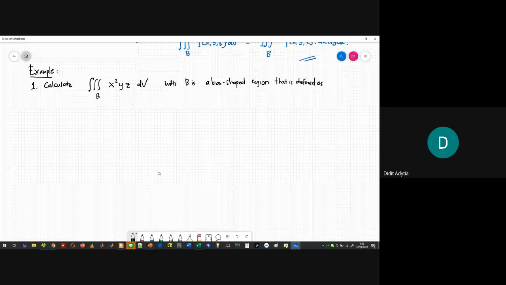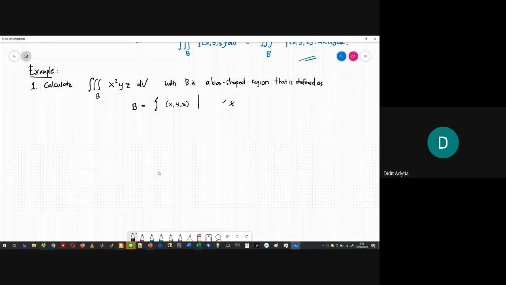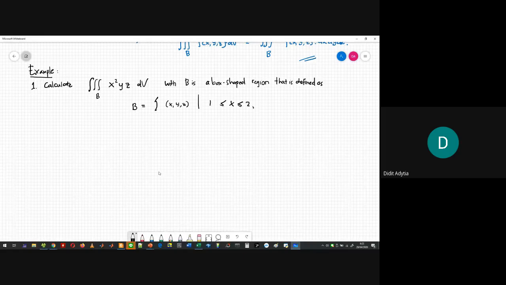B is the set of points (x, y, z) with conditions where x is between 1 and 2, y is between 0 and 1, and z is between 1 and 2.